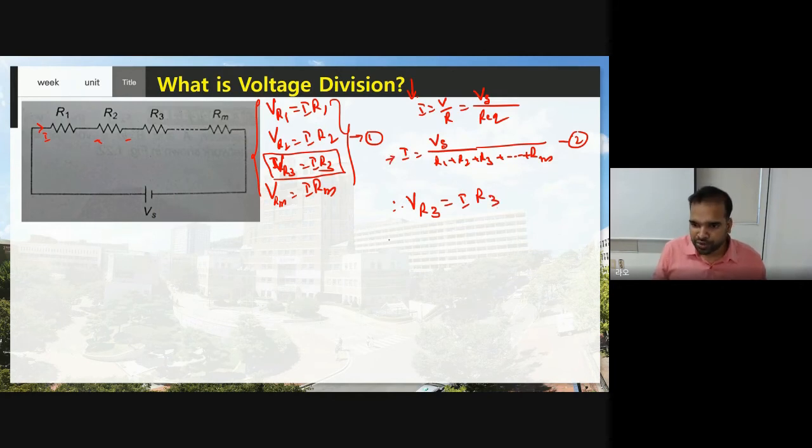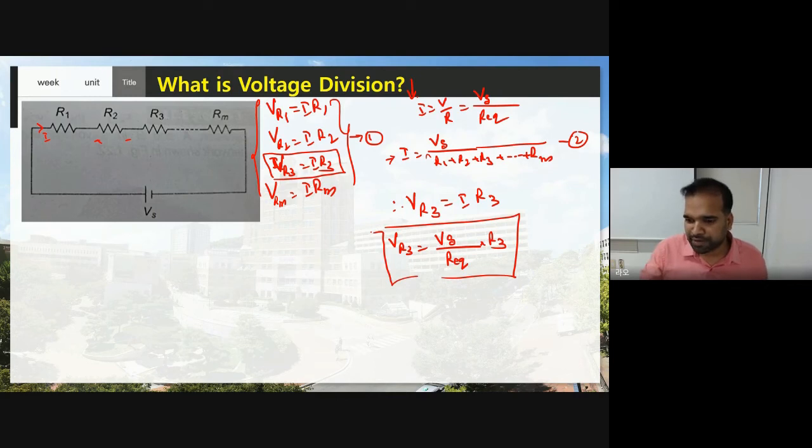Yes. So VR3 equal to, instead of current, if I write this one, Vs by, so instead of this whole thing, can I write R equivalent? Yes, R equivalent into R3. Now this is the direct formula. By using this, you can find voltage drop at any place without finding the current I.